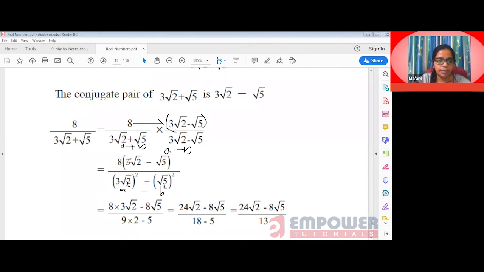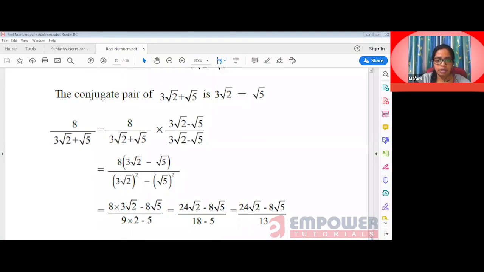If you multiply this, 8 3s are 24 root 2 and 8 root 5, and here the square of 3 will be 9 and the square of root 2 will be 2. So 9 2s are 18 and the square of root 5 will be 5. So this is what you get in the denominator. So you have rationalized your denominator from this to this. So this is how you have to solve.